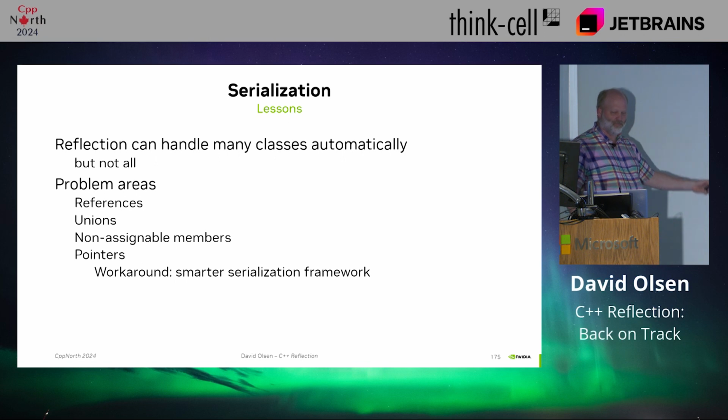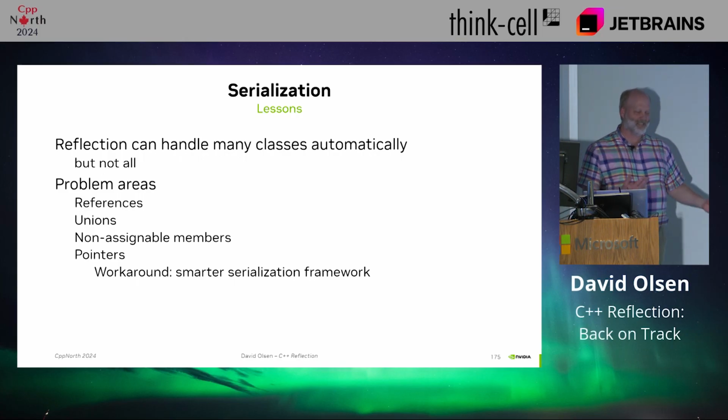So reflection can serialize many classes automatically, but not all. There are still problems when the data members are references or unions, because it doesn't know which member of the union is active, or non-assignable.